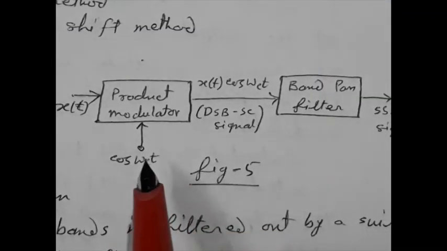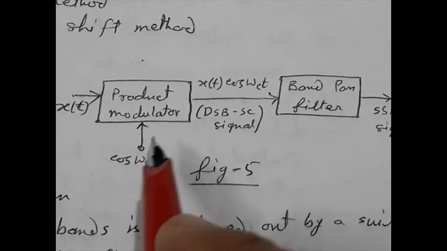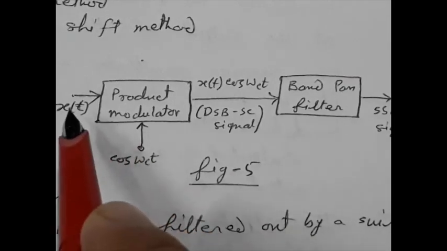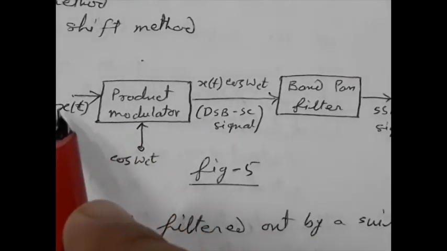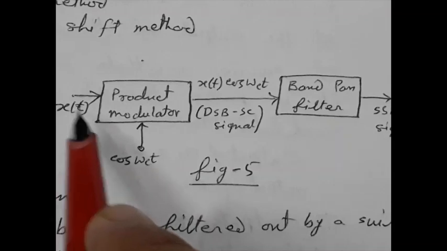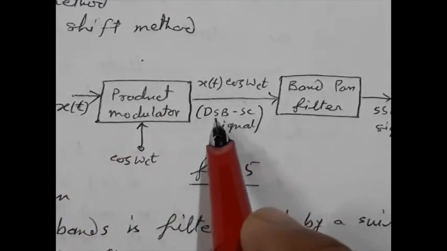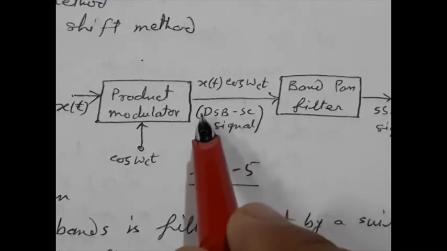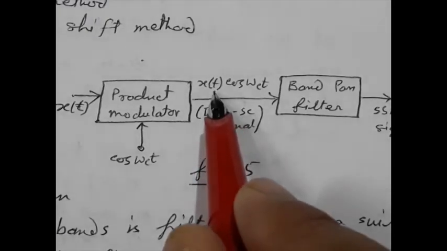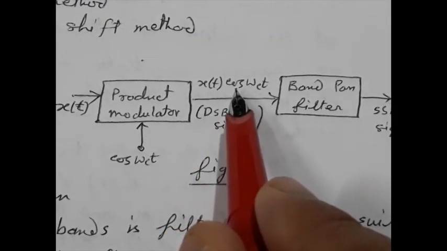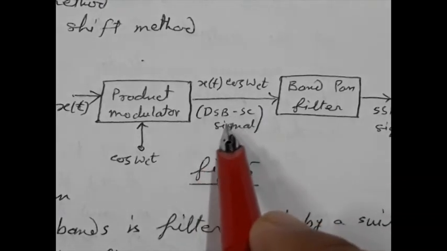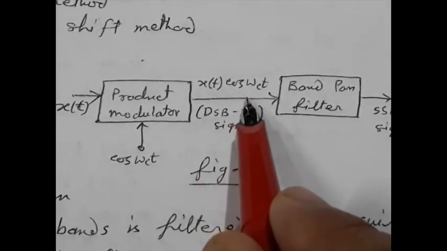First, consider the frequency discrimination method. In this frequency discrimination method, the baseband signal is used to produce, using this product modulator, a DSB-SC signal. So first we have to generate a DSB-SC signal, x(t) cos omega_c t. In DSB-SC signal, we have two sidebands.